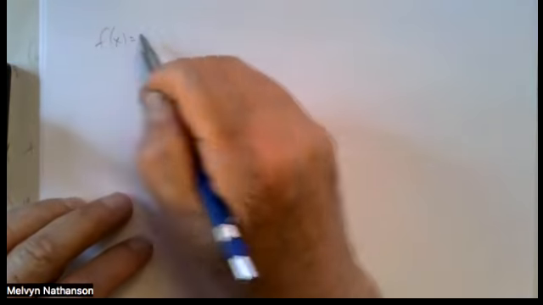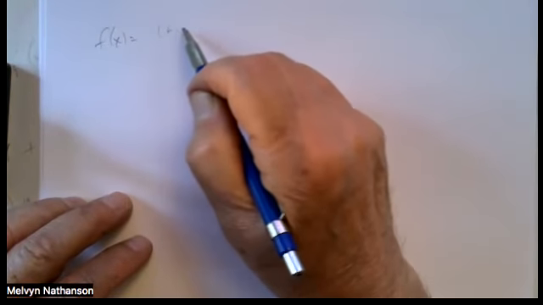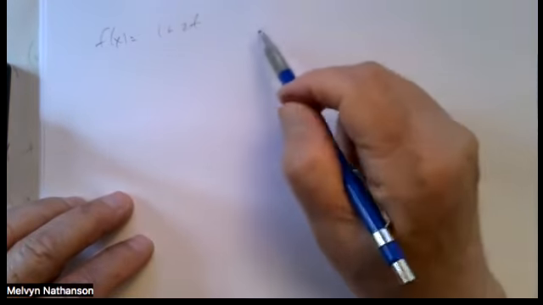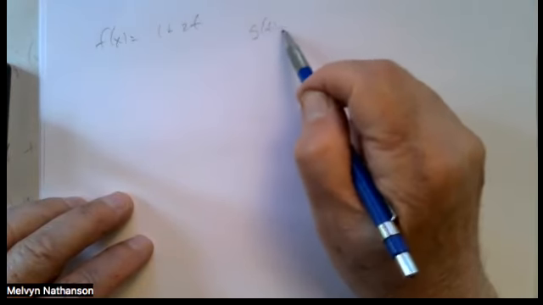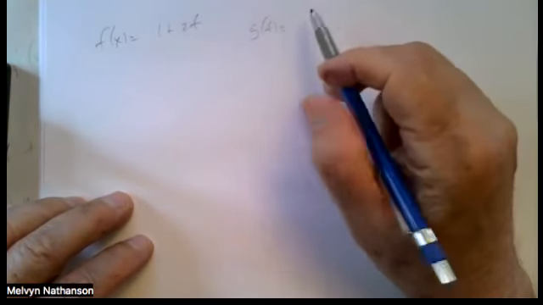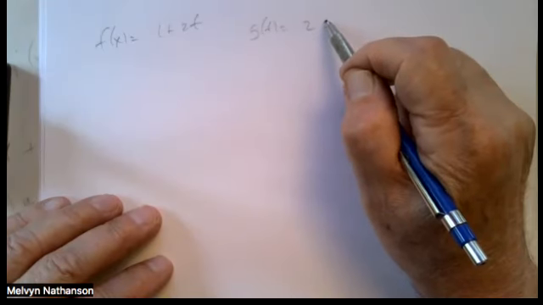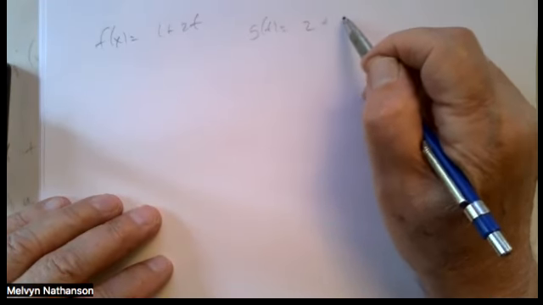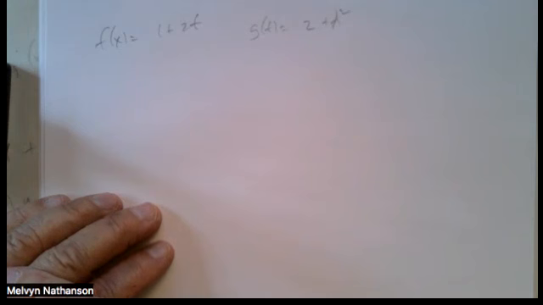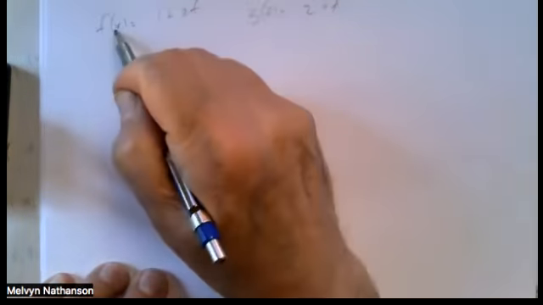Suppose f of t is 1 plus 2t, and g of t is, let's say, 2 plus t squared.